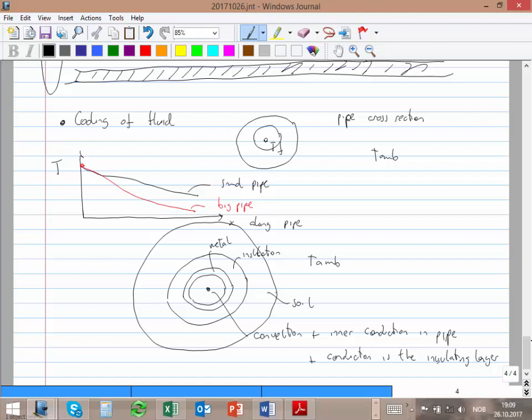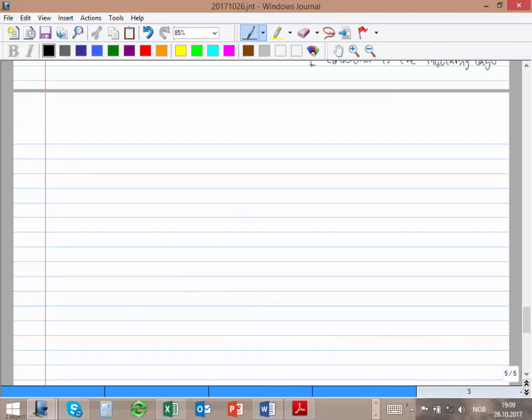If you remember the expressions, how were they for conduction? First, you could say that the T of the fluid minus the T of the ambient is equal to an area times something called U. How do you call U? Universal heat transfer coefficient, right?